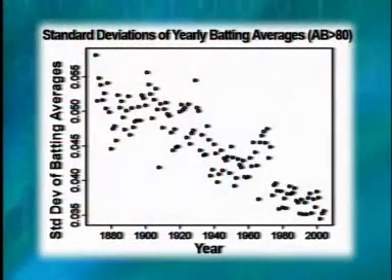Now, look what's happened over the century. These data here represent the standard deviations of the batting averages for every year from, well, way back here up to the year 2000 and beyond. The standard deviations are clearly declining over the century. You see that? And these are for batters who batted at least 80 times.